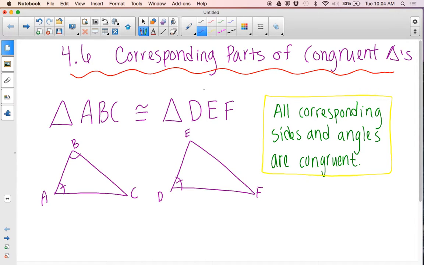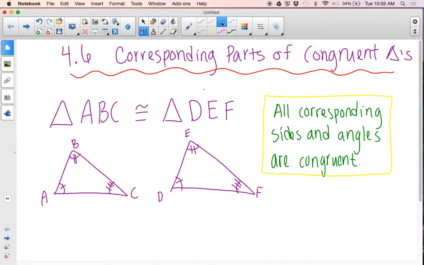I know angle B corresponds with angle E, so they're congruent. And I know angle C corresponds with angle F because they're congruent because they correspond. So corresponding means that they're basically in the same spot in each triangle.